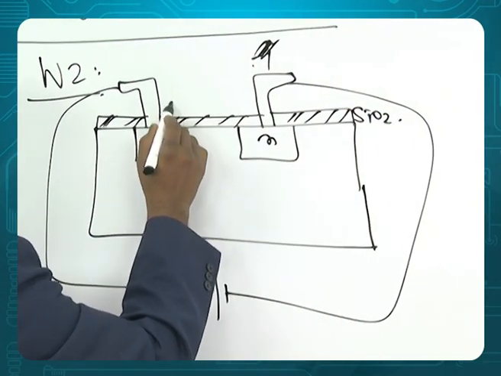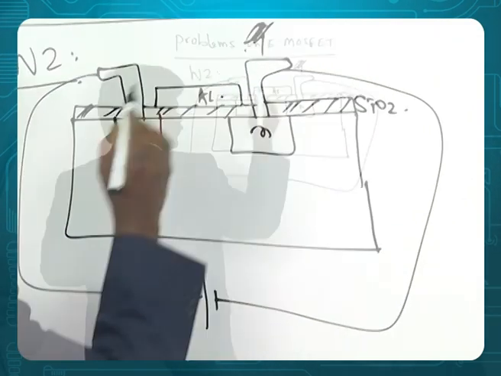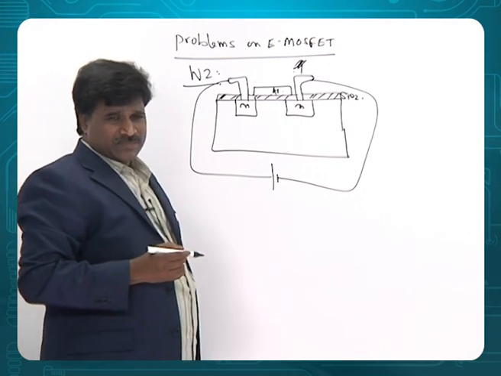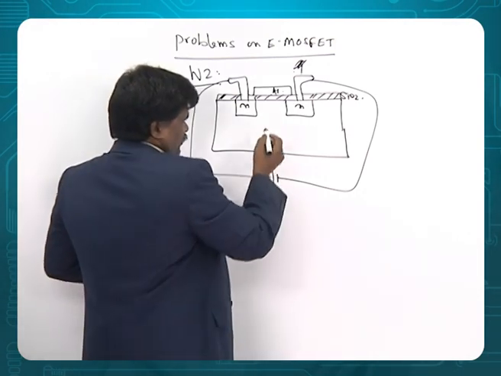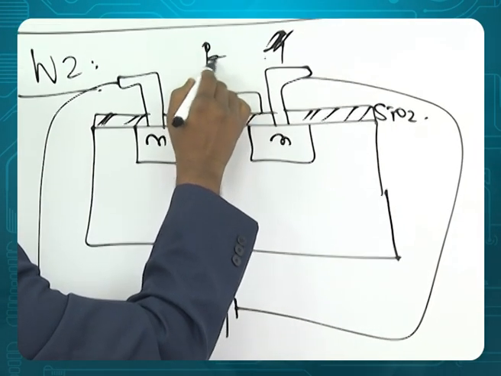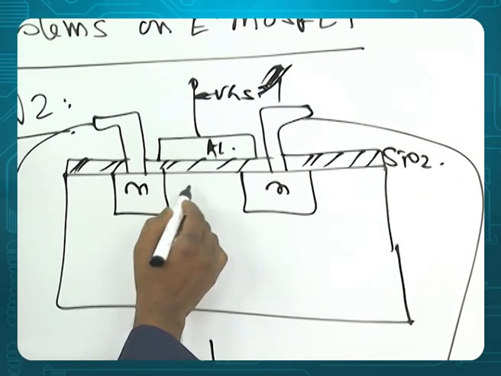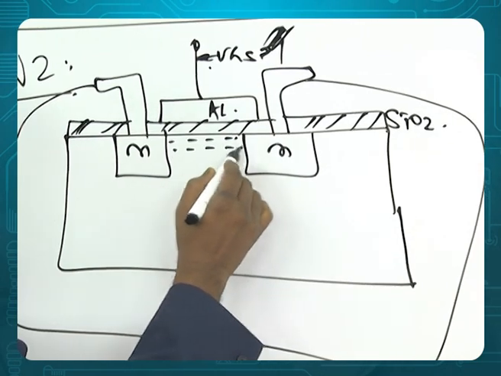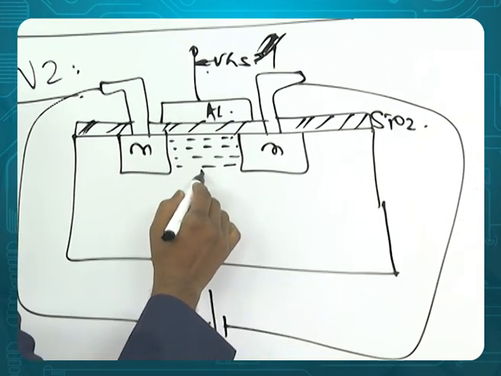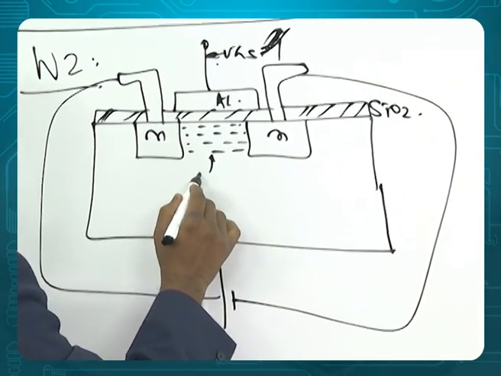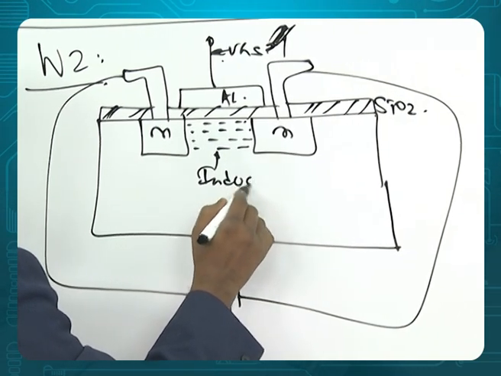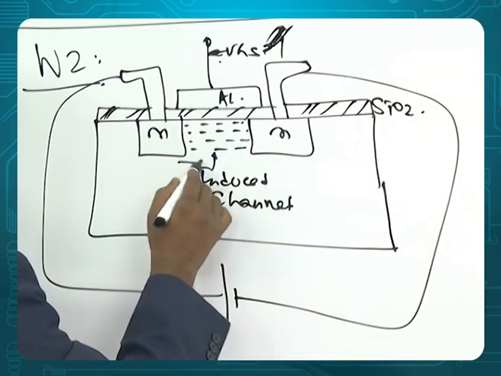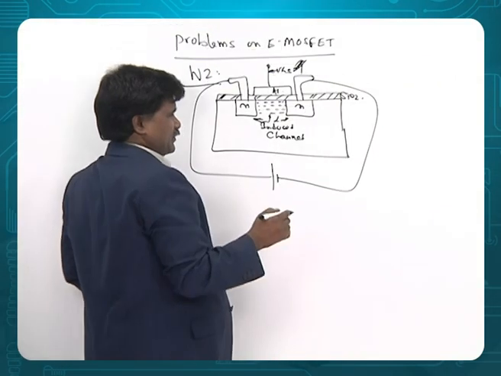In this way you have aluminum. Now what happens is, if you change this VGS gate voltage, gate voltage will create induced channel here. That's called induced channel. This is called length.